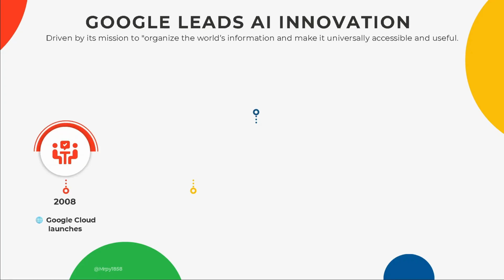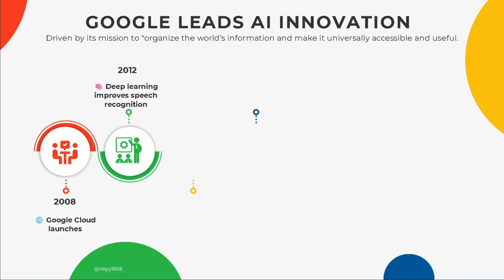Next, Google's lead as an AI generation company. It's driven by its mission to organize the world's information and make it universally available. Here are a few other timelines where Google has opened its doors for other people who want to innovate. In 2008, Google launched Google Cloud.